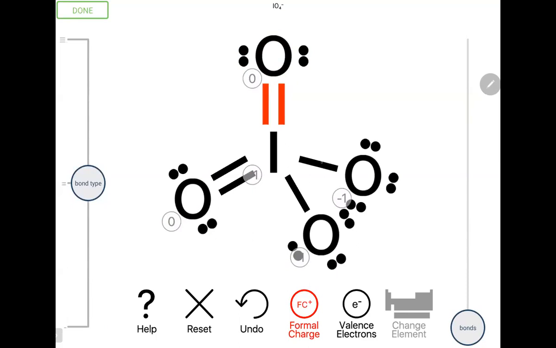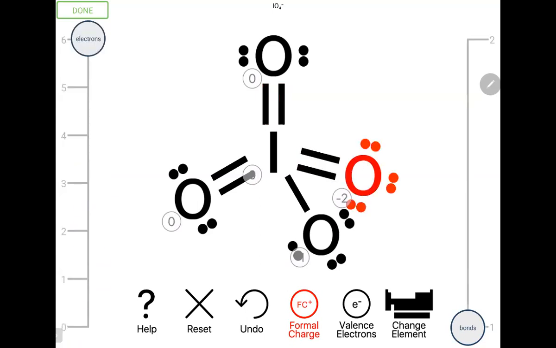We want to get this iodine to a 0. There we go. We got 0, 0, 0, 0, and -1. We're going to have one -1 because we have a -1 overall charge. So that looks better as far as formal charge goes. A bunch of zeros and one -1 instead of a +3 and a bunch of -1s. So I'm going to go with that for my Lewis structure.